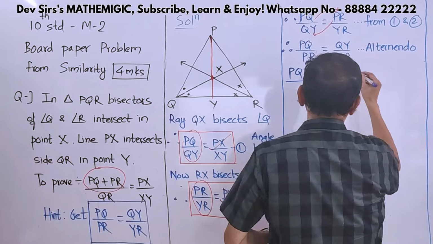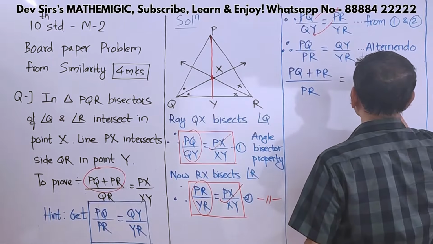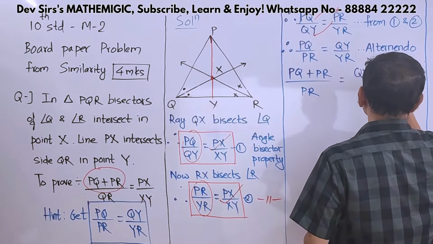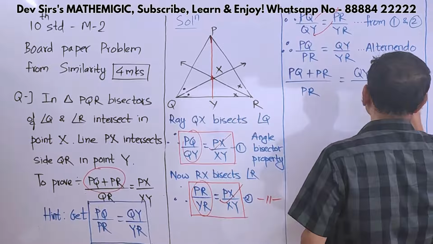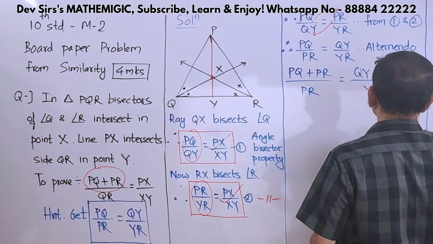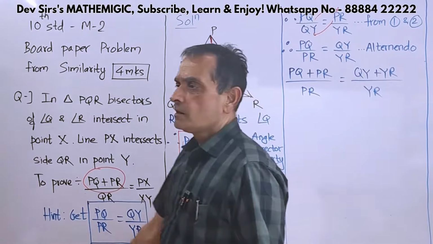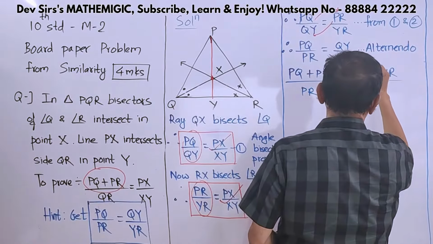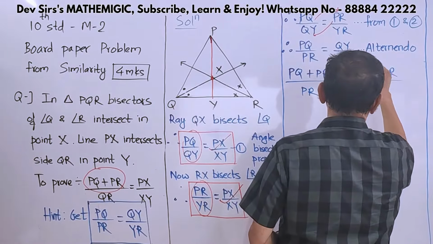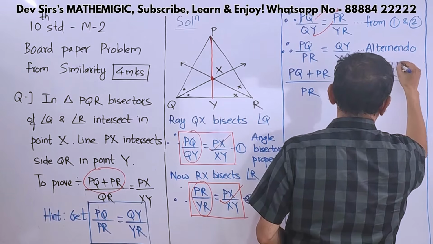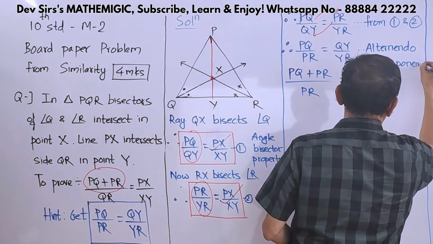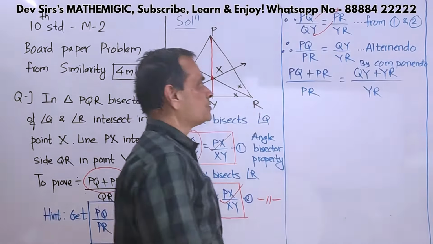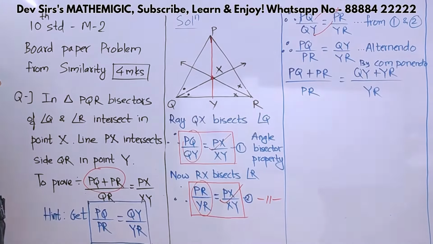Right hand side, numerator plus denominator upon denominator. Reason? Using componendo, I get this.